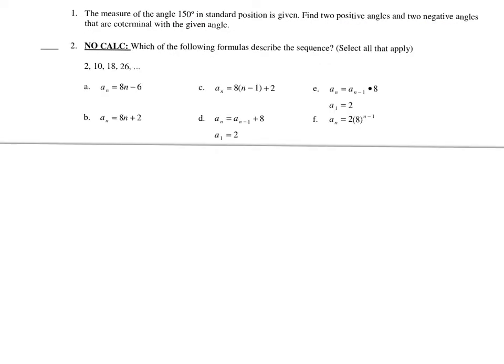All right, next up here we got number 2, and for this one we're trying to select all the ones that apply for the sequence 2, 10, 18, and 26. The first thing I notice is that we have a +8 pattern. That tells me this is arithmetic.